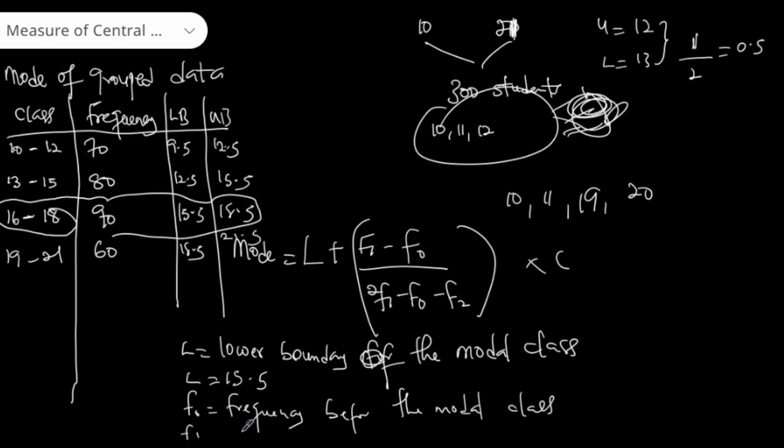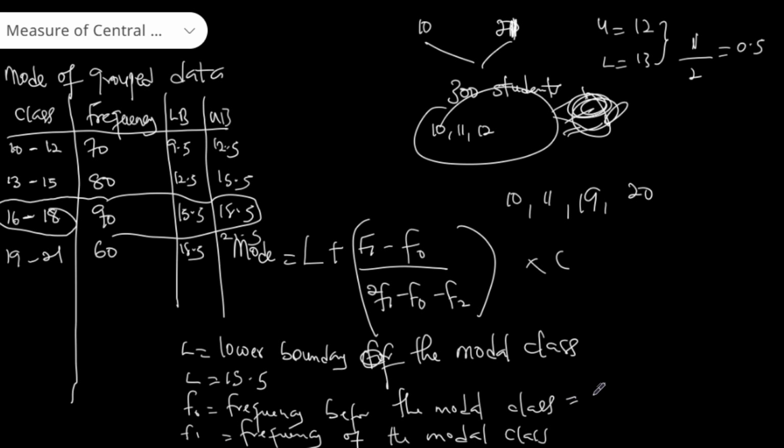F1 is the frequency of the modal class. The frequency before the modal class is 80.